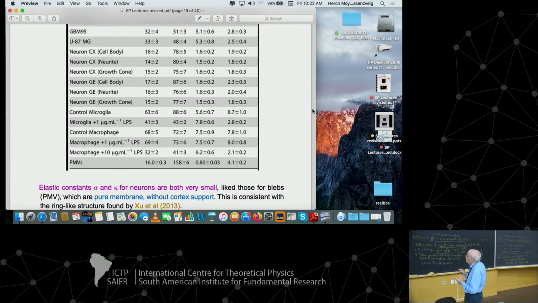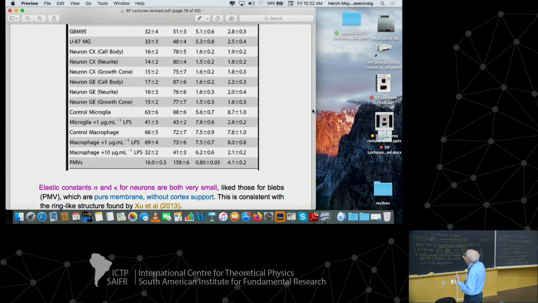Okay, now they do this depending on the medium, and in fact, for macrophage plus this amount of LPS, you get a value of the bending modulus of 8. And when you increase this, then you're activating the macrophage.